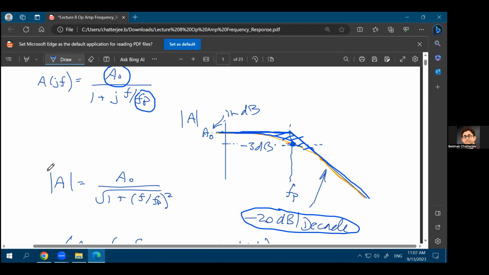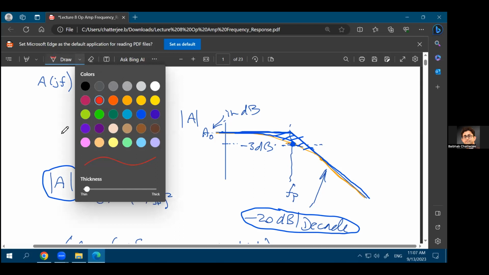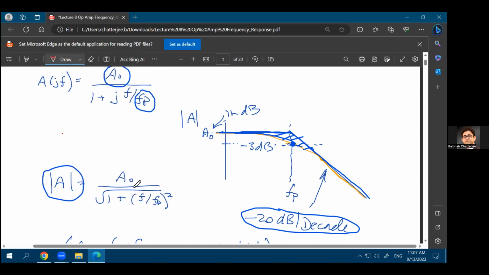What is the magnitude of A then? The magnitude of A will be equal to A0 divided by square root of 1 plus F over Fp whole square. Again, this comes from your complex number theory: if you have A0 divided by A plus jB as your complex number representation, what is the magnitude of that gain term?